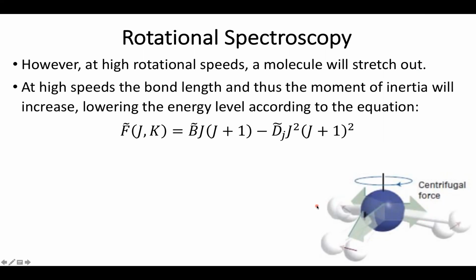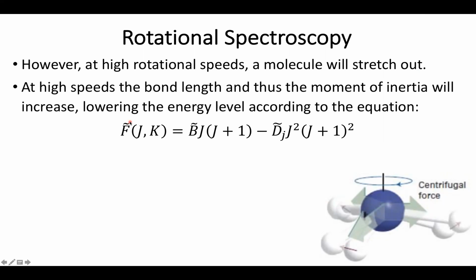So again, the classic analogy of this is an ice skater. You go ahead and slow yourself down by putting your arms out. It's the same thing where we get the high speeds, we stretch out, and that kind of has this dampening effect. And because of this, we need to acknowledge what's called the distortion effect.